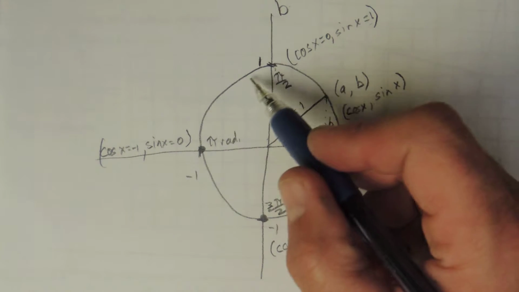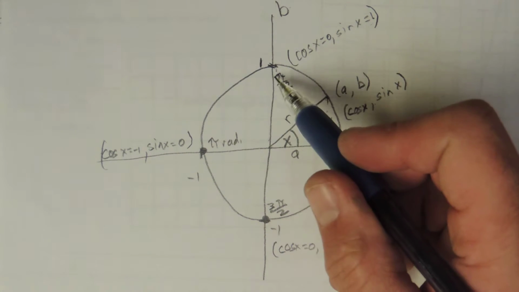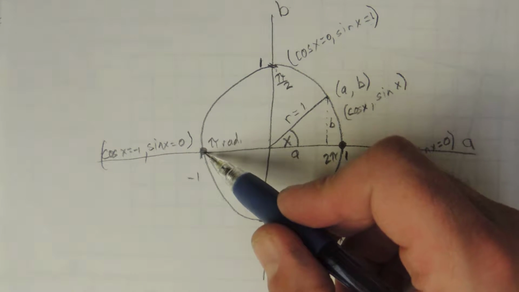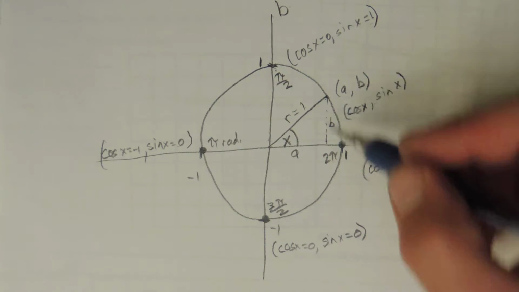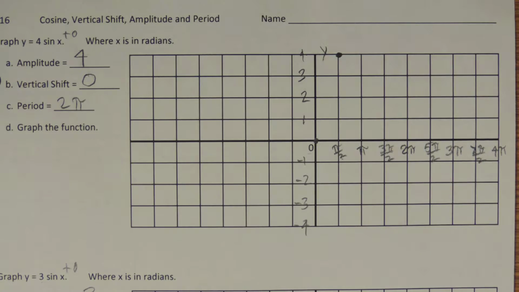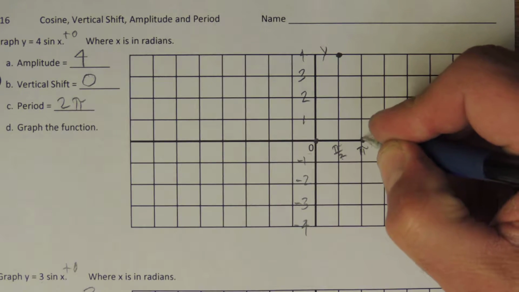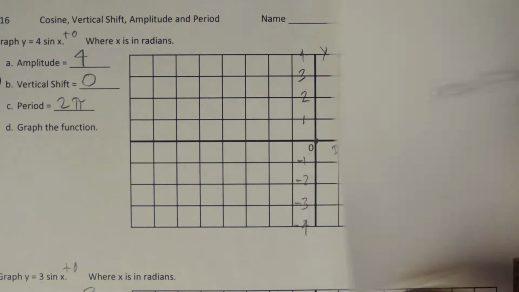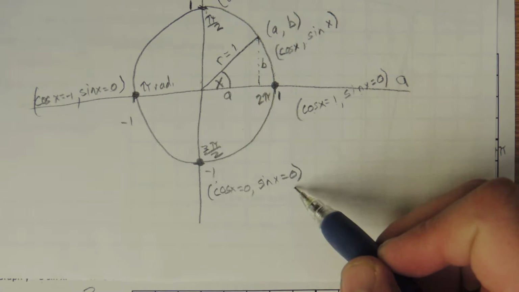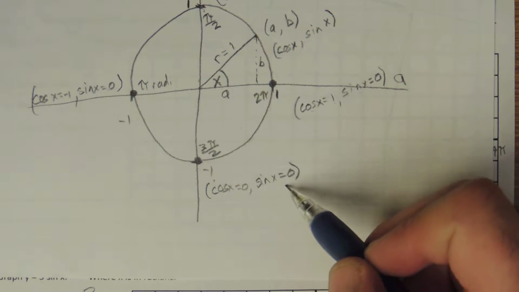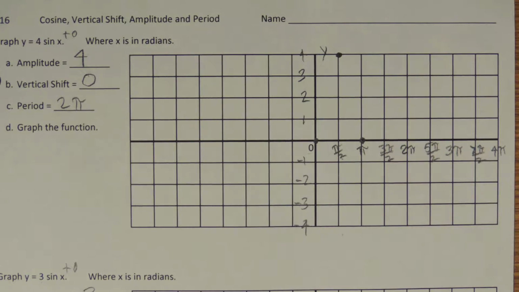Back to pi. At pi, sine is back to 0, because sine is my vertical again. So I'm back to 0 here. 3 pi over 2 on my unit circle, I'm down to -1. Oops.